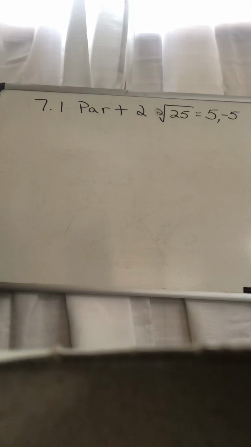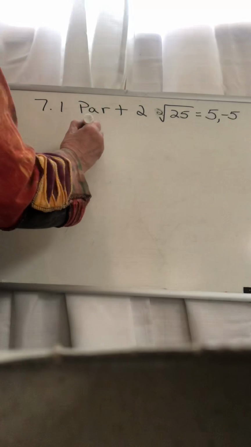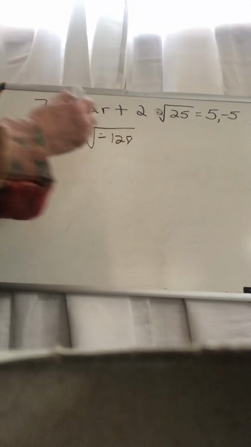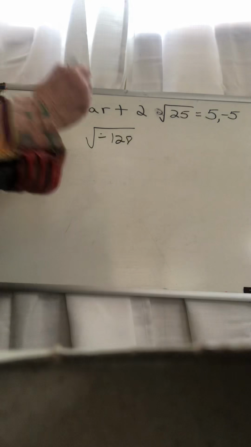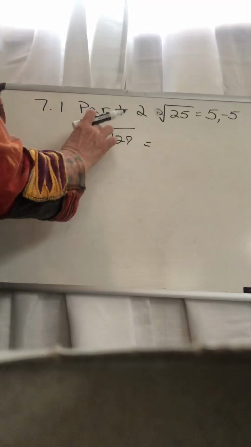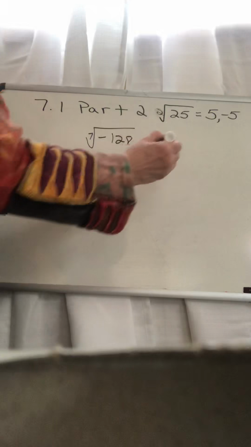And so when we're looking for the root of a negative 128, it's equal to a negative 2. Just one answer, because the radicand was negative.